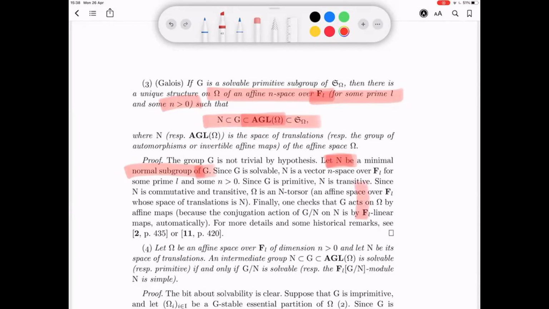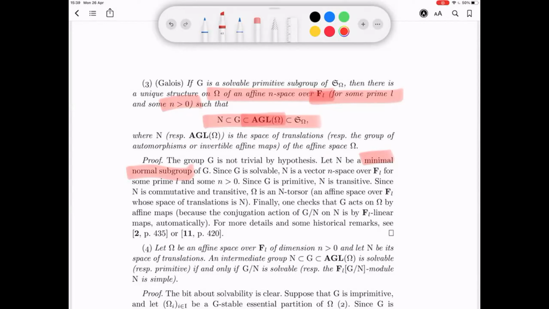Good. So now, what is a minimal normal subgroup? Normal subgroups, you already know what they are. When is a normal subgroup minimal? Every normal subgroup N always has one subgroup which is normal in the big group, namely the trivial subgroup.